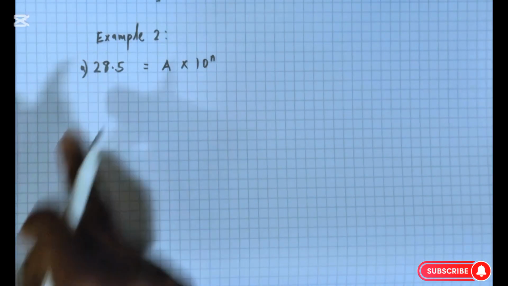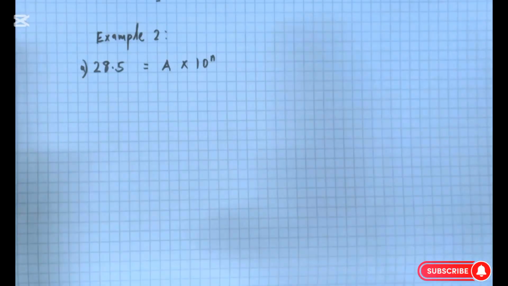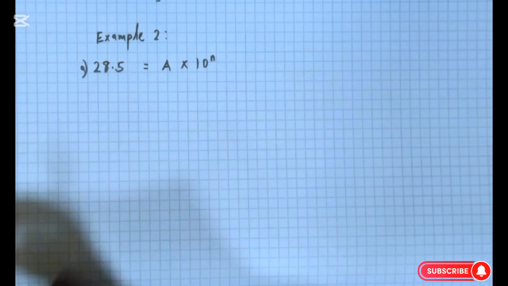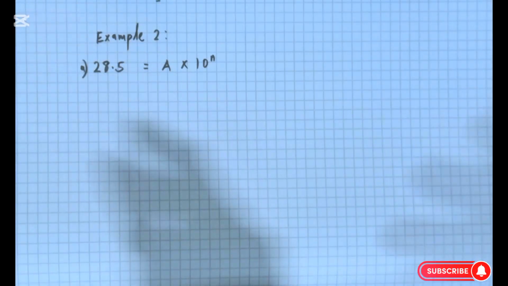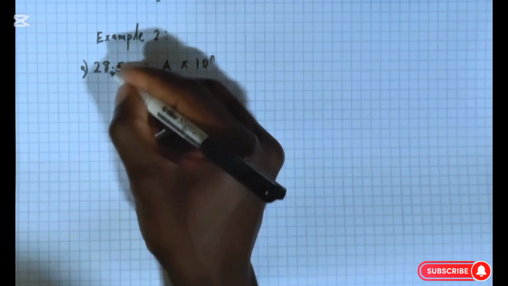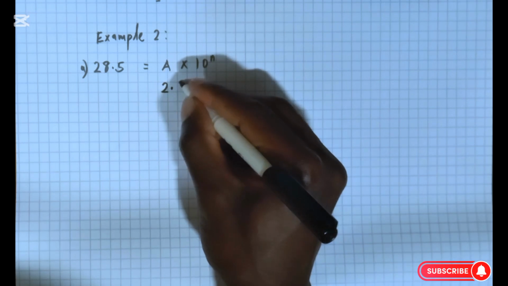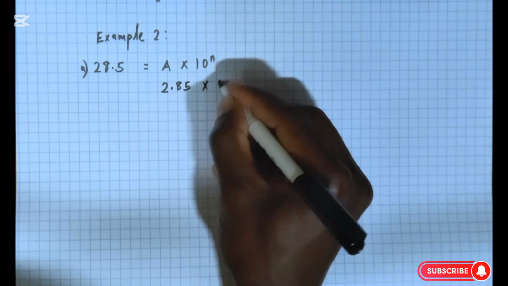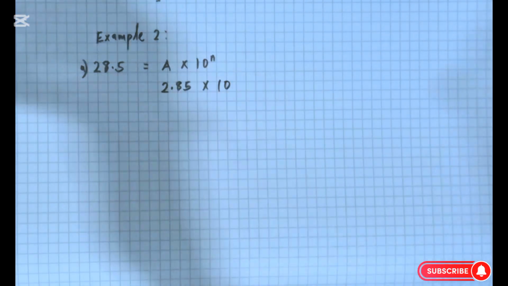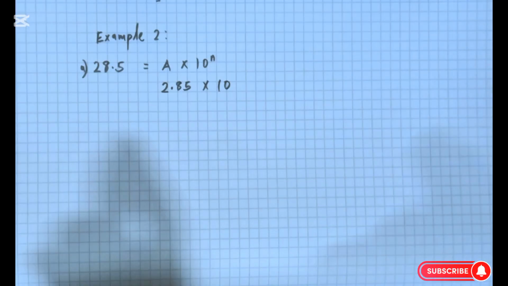And so we look at 28, and 28 is way beyond that range. It's not between 1 and 10. So we're going to move the decimal point so that we achieve the value for a. That's going to give us 2.85 times... How many times did we move the decimal point? 1 time, to the left.